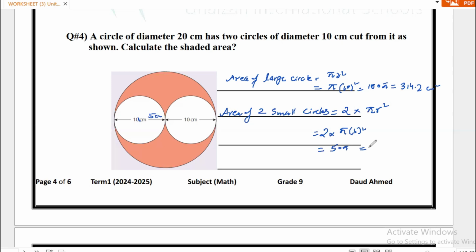So if we check 50 pi, that gives us 157.1. And then as we are looking for the shaded area, so lastly the shaded area is equal 314.2 minus 157.1, 157.1. I hope so it is clear.